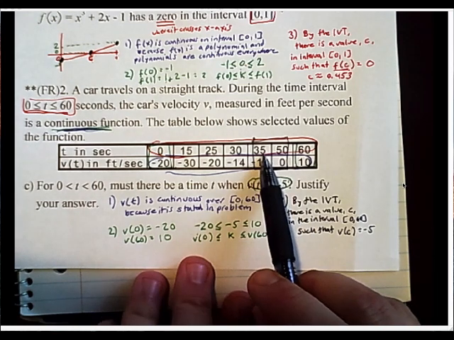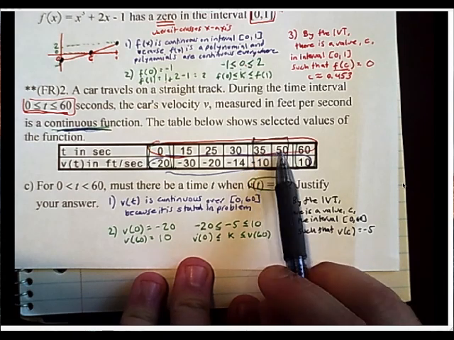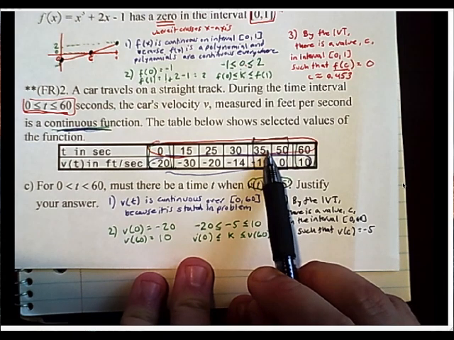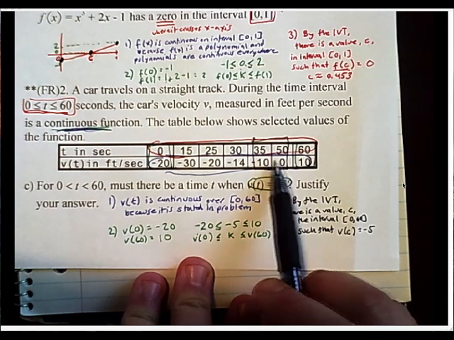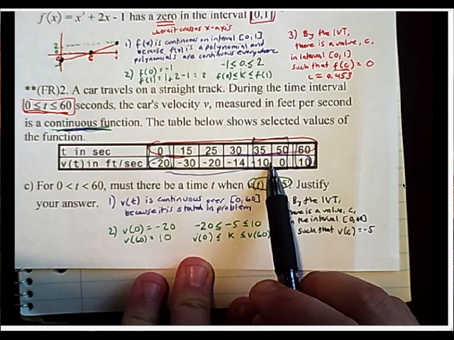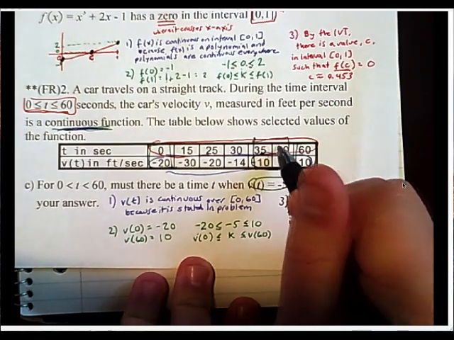Actually, I'm guaranteed sometime between 35 and 50 seconds to get a velocity value of negative 5, because negative 5 is in between these two values. Now, it could happen in other places, but I'm guaranteed to get at least one in that time interval.